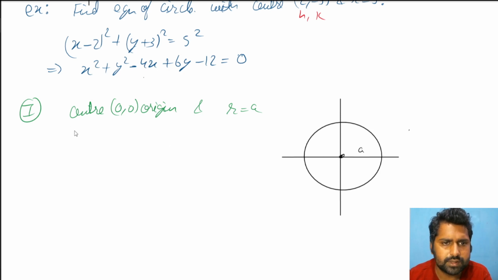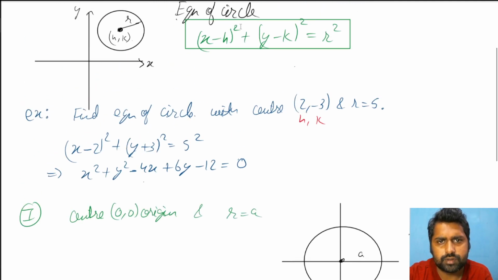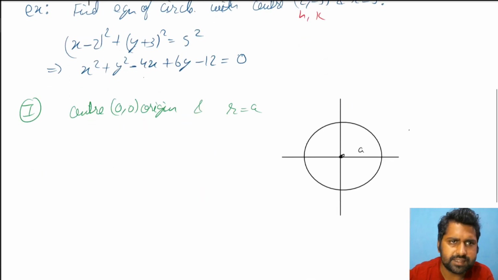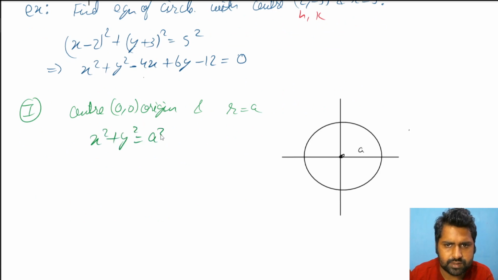So the equation is, if we put h and k as 0 in the above equation, h is 0, so x square, k is 0, so y square is equal to r square. So it becomes a very simplified equation: x square plus y square is equal to a square, if the center is at origin. This is one simple case.